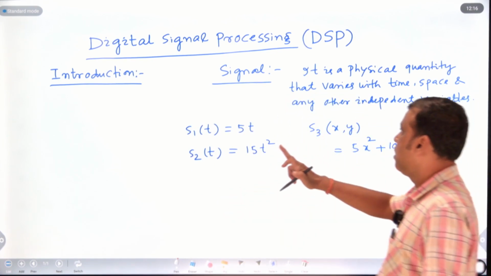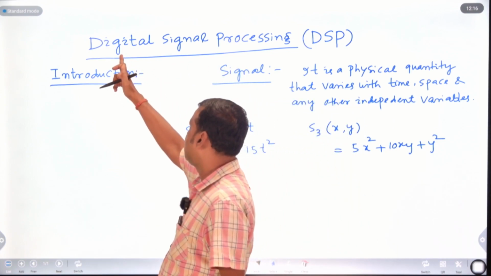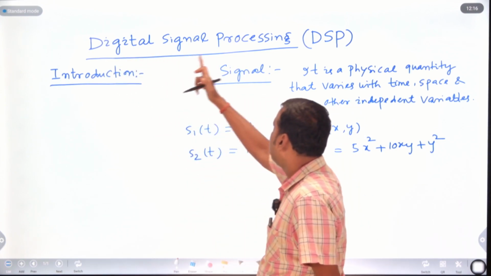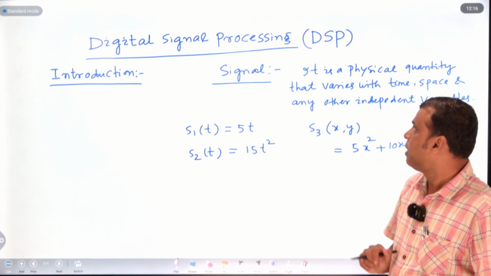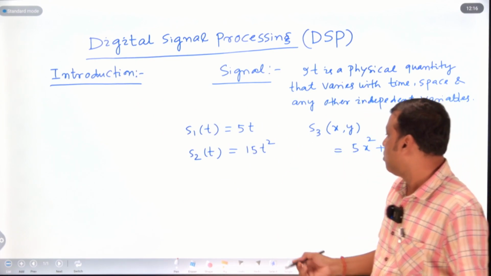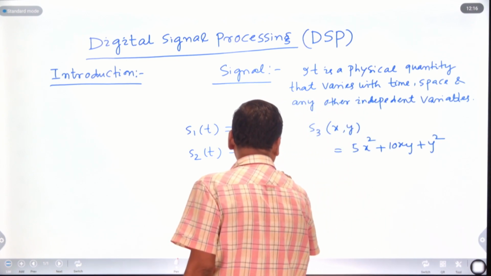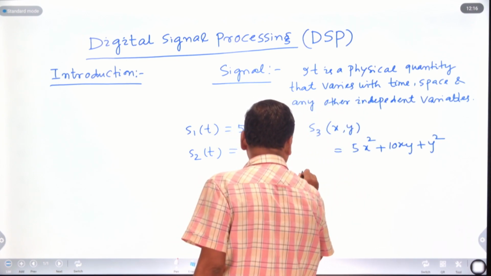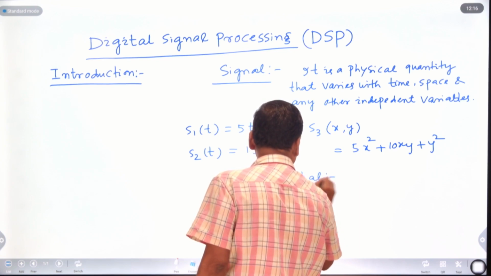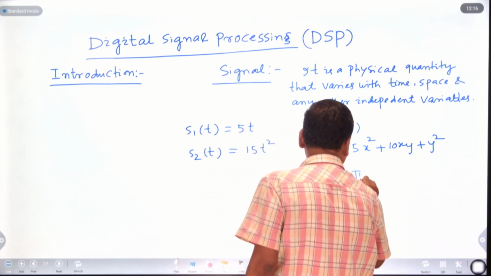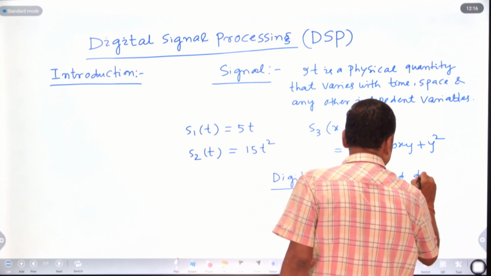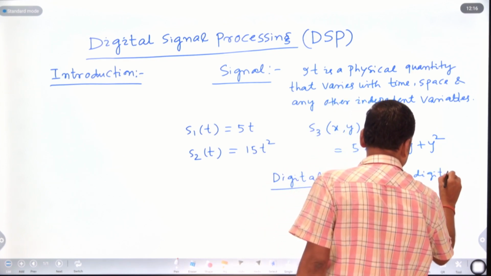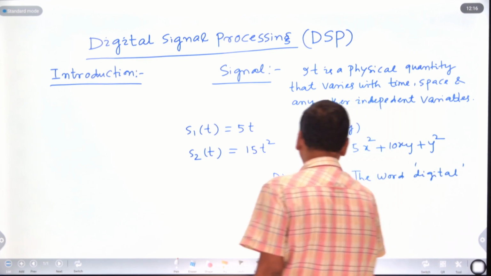There are three words: one is digital, the second is signal, the third is processing. I already told you what we mean by signal. Then what do we mean by digital?